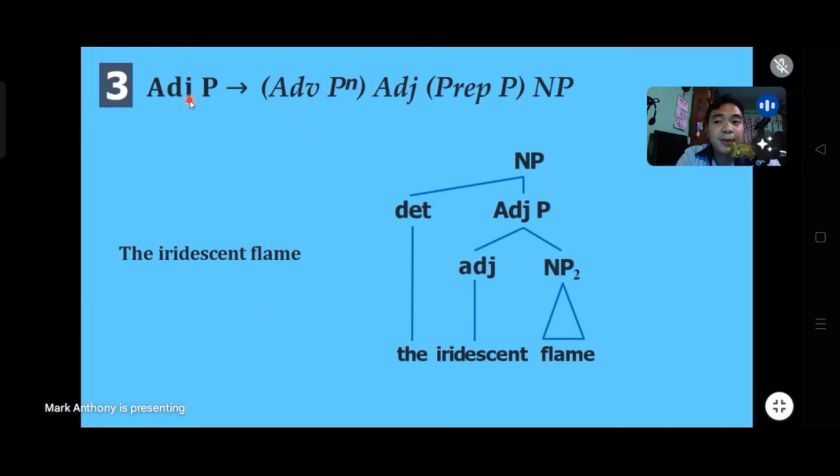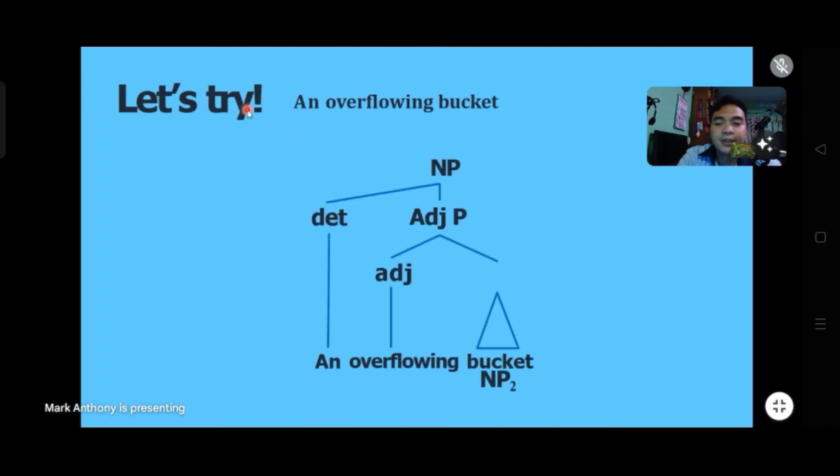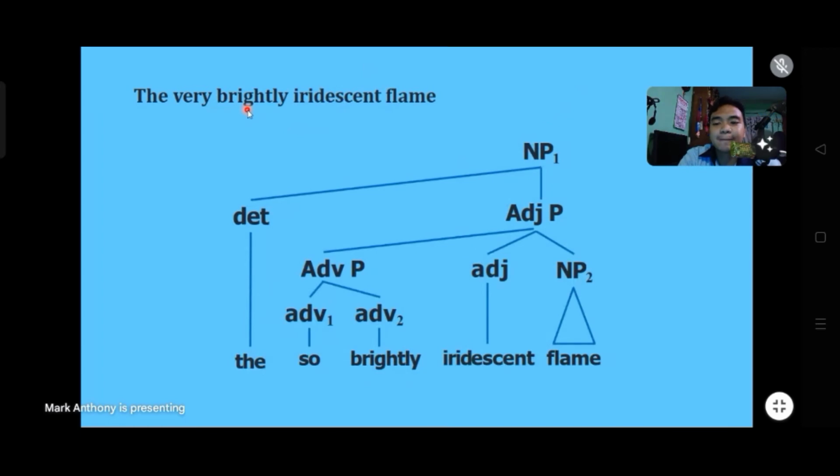So an adjective phrase might contain an adverb that can be used n times to modify the adjective or the noun present in the sentence. So again, let's go back.